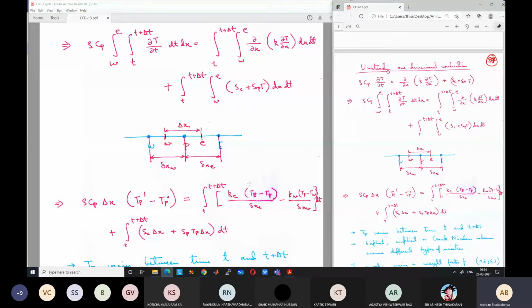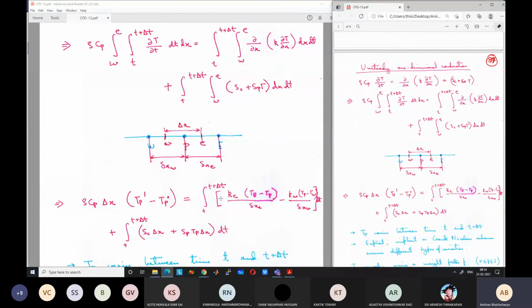This part is exactly the same as the diffusive problem. The only thing is that now we have an integral from time t to t plus delta t, and that raises the question: how should we evaluate the time integral, that is, what will be the values of Te, Tp and Tw, whether these will be new values, old values, or intermediate values.